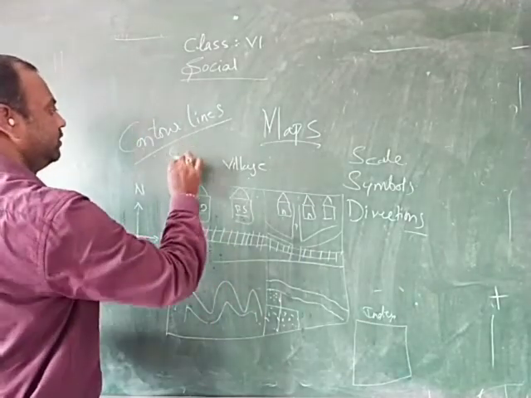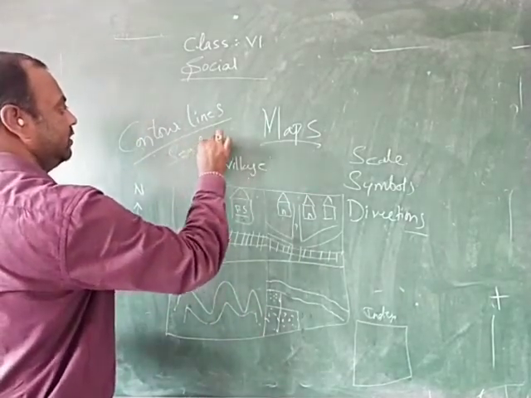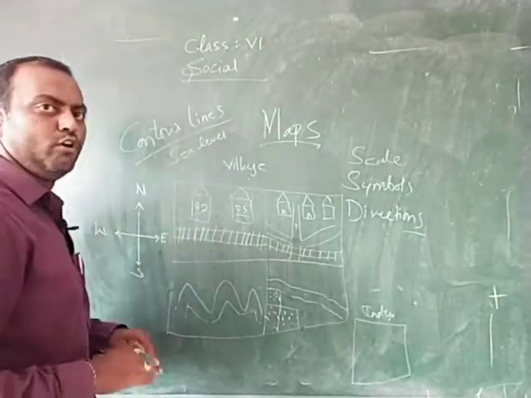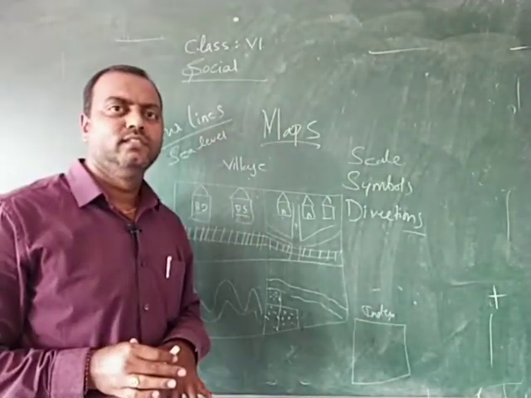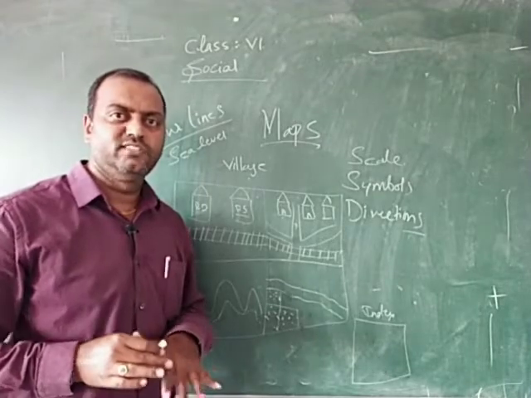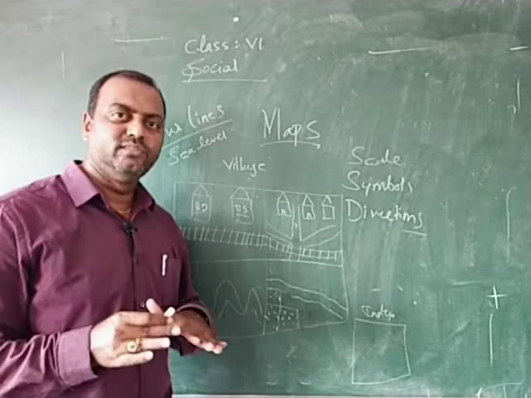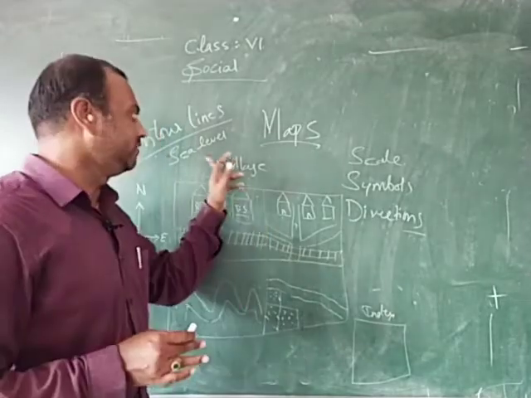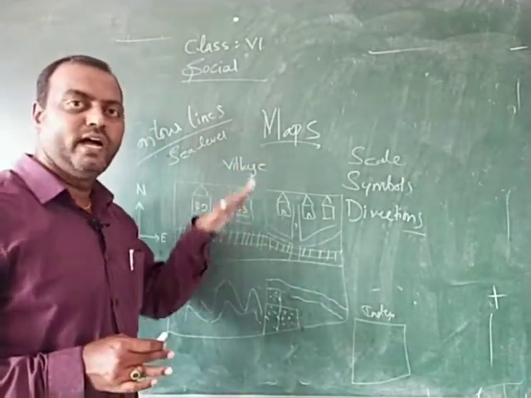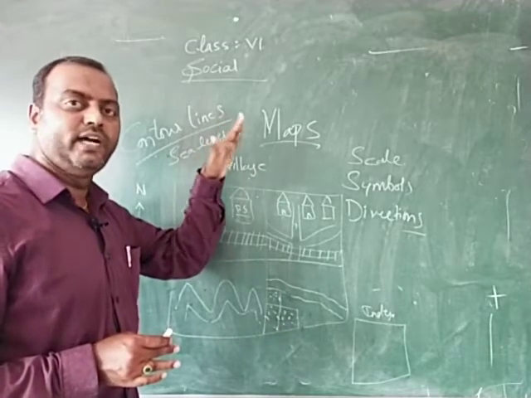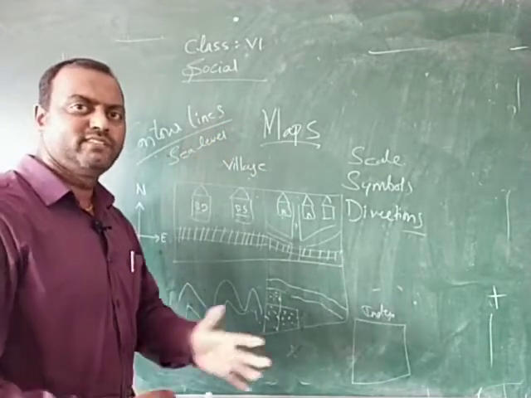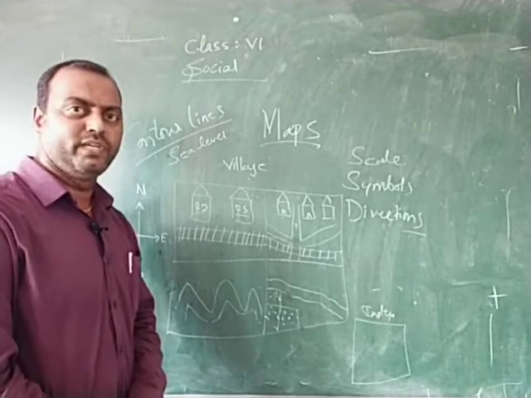It's nothing but sea level, 0 meters. All the water bodies in the world, especially oceans and seas, are interconnected. So everything in the world is measured from the sea level. That will be considered as 0 meters, and we measure from that sea level the height of the land masses. For example, Mount Everest is the highest peak in the world.